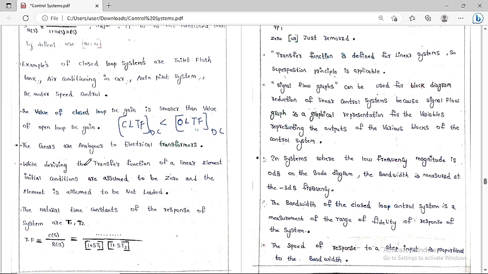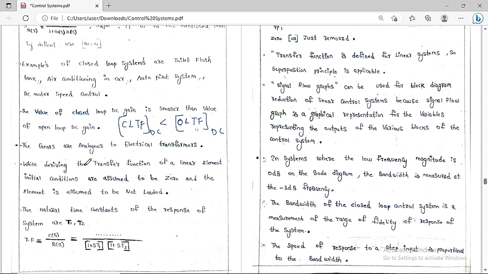I have already told you this. In simple words, whenever you figure out the transfer function of any linear element, the initial conditions are always assumed to be 0 and we also have to assume that the element is not loaded.